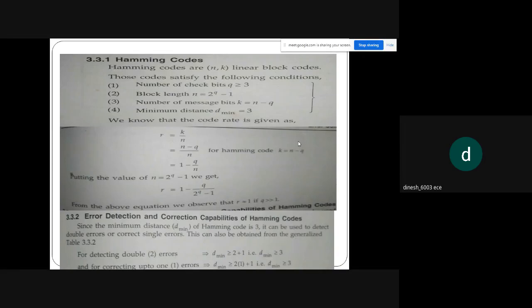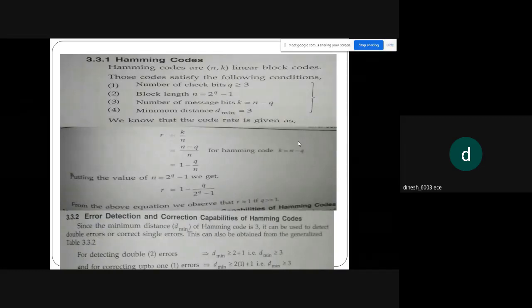Since the minimum distance of a Hamming code is 3, it can detect up to 2 errors and correct 1 error.